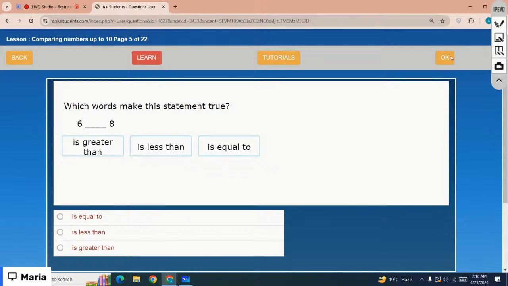Which words make the statement true? 6 and 8.